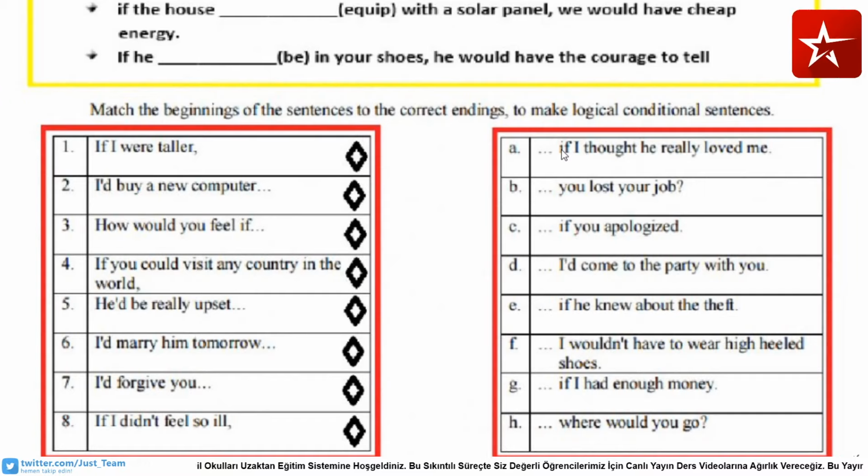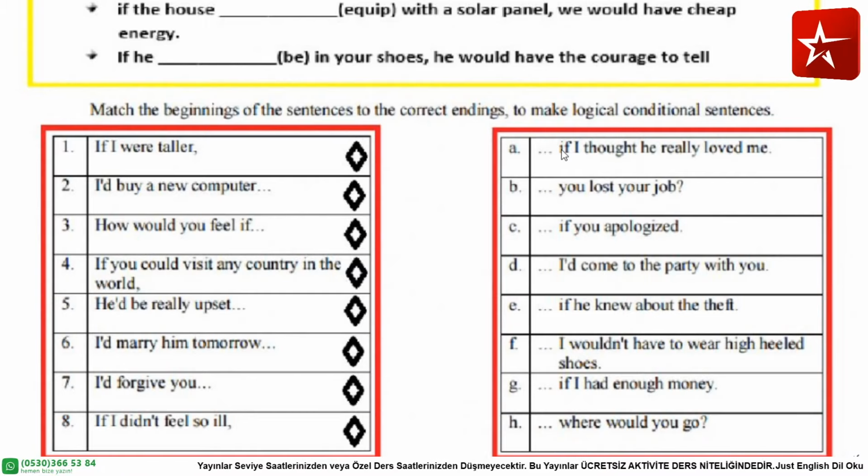Great. And number 7, yes, Bilge, Nevin, Burçin, Nazlı, Nalan, Gamze Nur, Nuran. Yeah, your answers are correct. I would forgive you. Which one should we choose? I would forgive you, if you apologized.